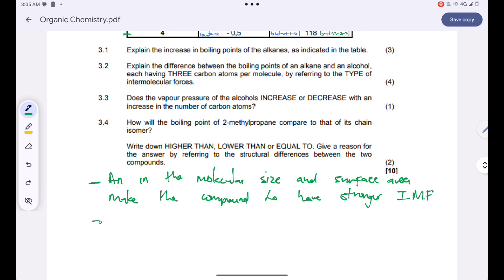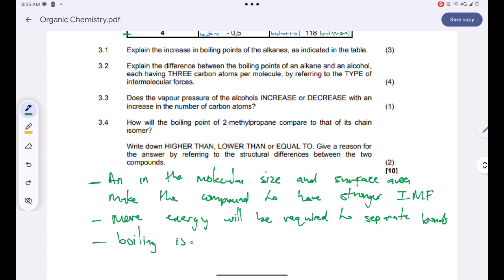So once it has stronger intermolecular forces, we know that more energy will be required to separate bonds, and hence the boiling point is higher.